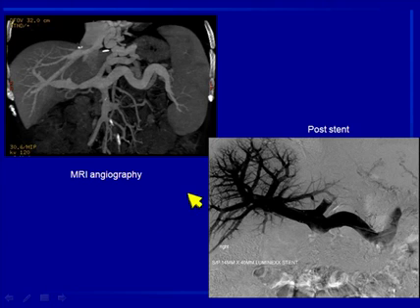On MRI angiography, we can see the stricture of the portal vein, the dilation of the post-stenotic site, some varices, and in this case we can see the stent inside the portal vein.